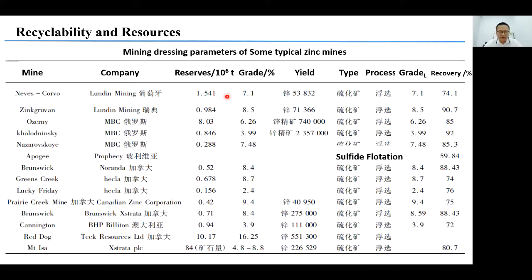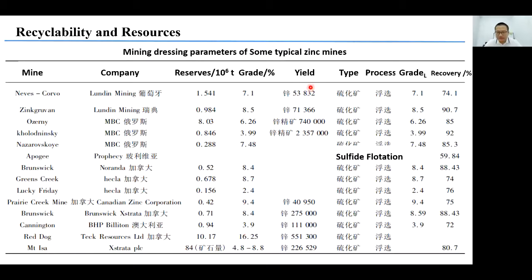And we can find reserves around several million tons. And Canada is very rich, this is more than 10 million tons. And the grade, or say the cut-off grade or the average grade of the zinc content in their reserve, is several grades, and the highest grade can be 16.